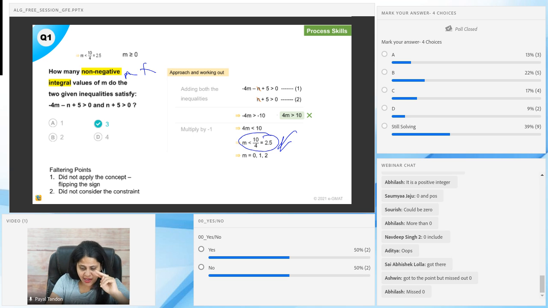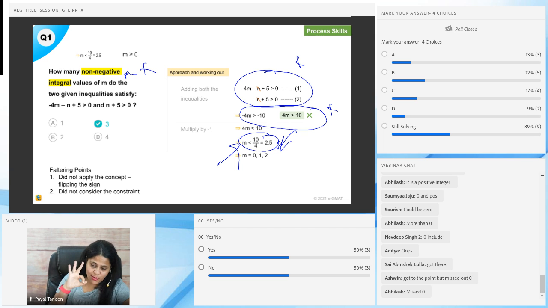Second, and the more prevalent one, is that you don't know the definition of non-negative numbers. Now, that is if you've gotten to this point. If you were not able to get to this point, then either you don't know how to solve this, or you were not able to flip the sign. So there are three possible reasons why you can answer this question incorrectly.